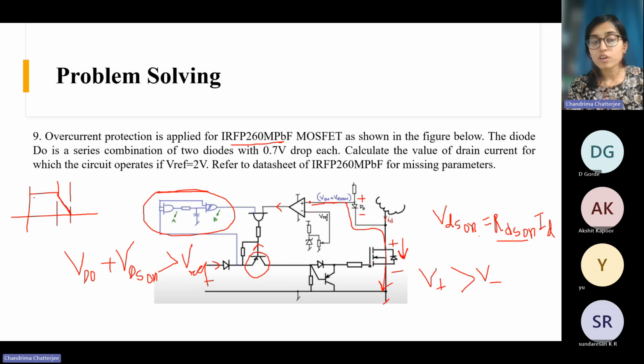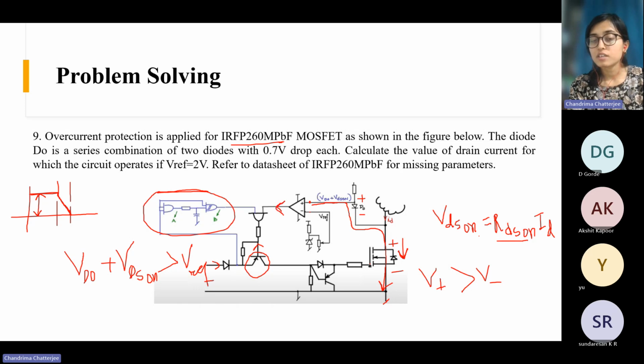But during this blocking period, the voltage is already too high, right? Because now the MOSFET is blocking, the voltage across the MOSFET is what? This is the total DC voltage. This is very high voltage. So always it will see, okay, the potential at this point is always higher than this. So always this will be high and always this BJT will be off. So there will be no gate pulse at all. You can't turn on the MOSFET at all, because it will always see a high voltage here and it will never make this low, right?